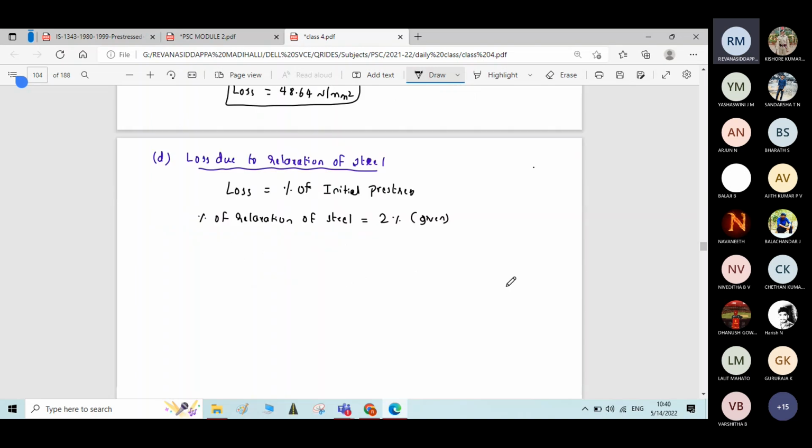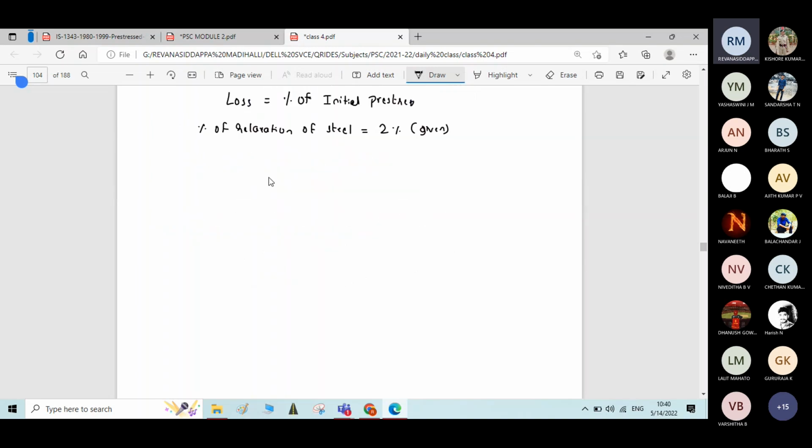Therefore, loss is equal to 2% or 2 by 100 of initial pre-stress 1050.4.